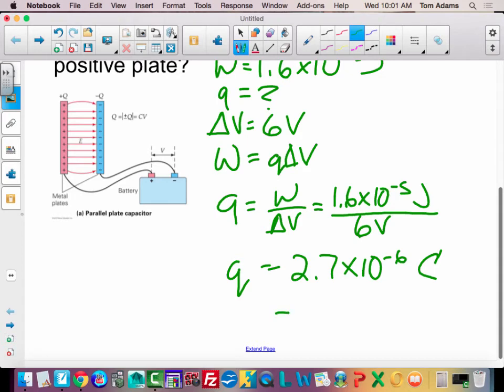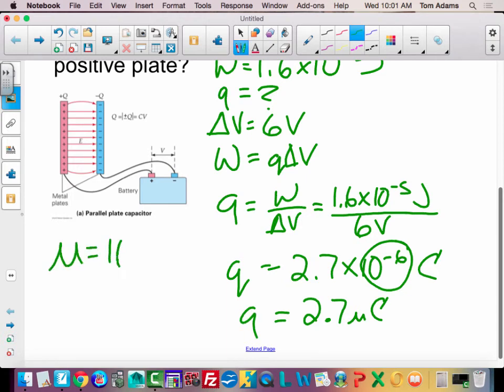Or, because it's 10 to the negative 6, I could say 2.7 microcoulombs, right? So remember that micro, this is the Greek letter mu, is the same as 10 to the negative 6. Okay? So this is our final answer.